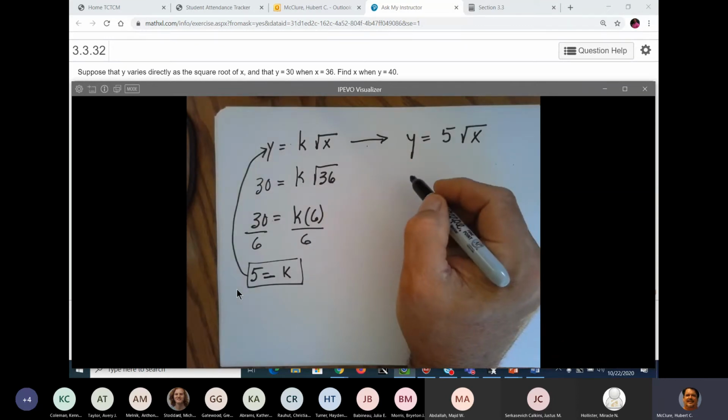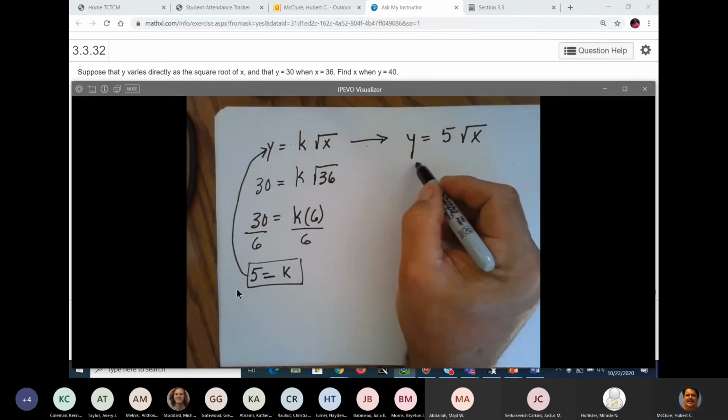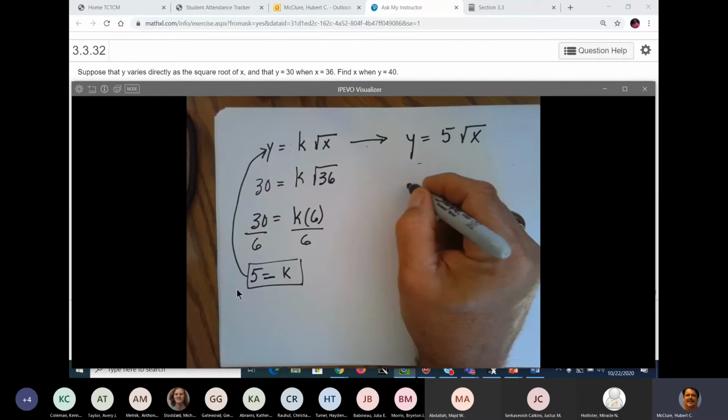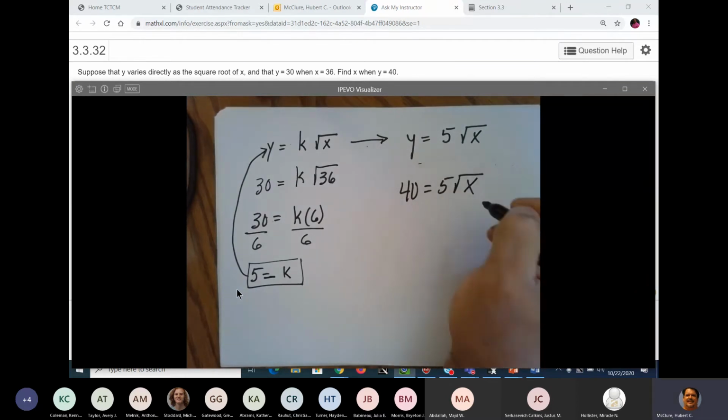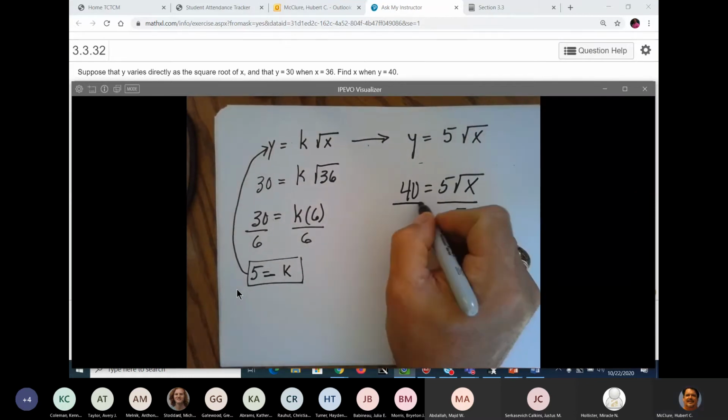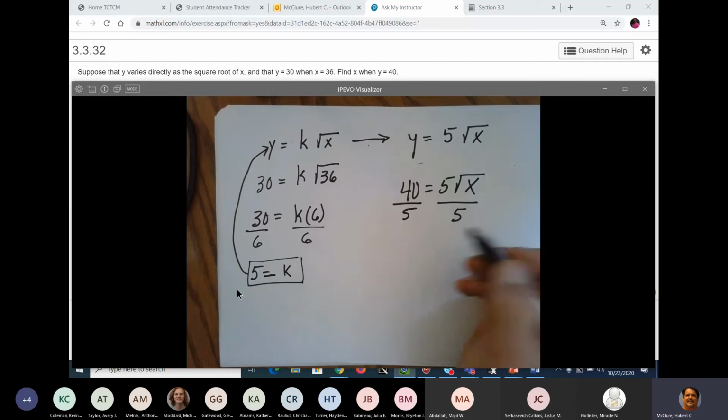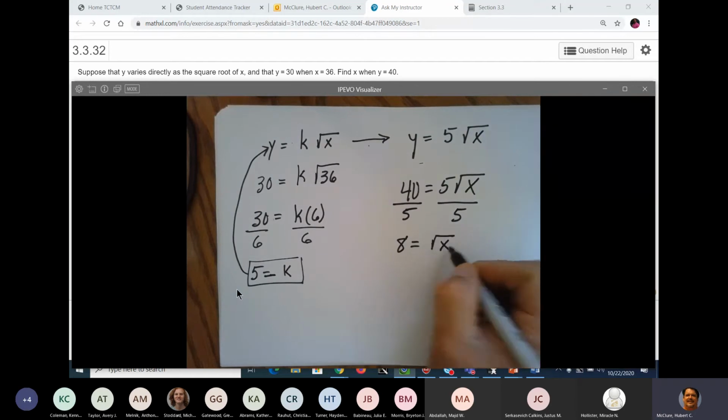Usually they want y. 40 is equal to 5 times the square root of x. Divide by 5. 8 is equal to the square root of x.